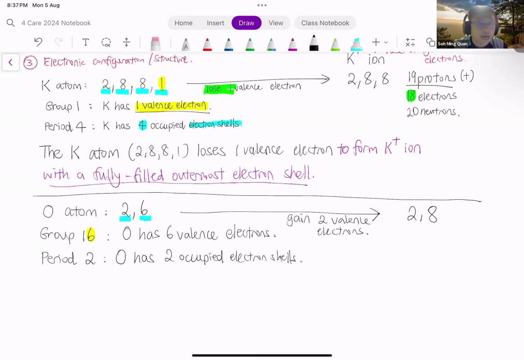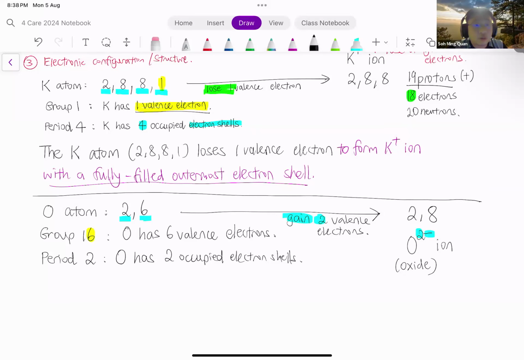But once you do that, you realize that you gained 2 electrons. Electrons are negatively charged, so this ion now has a 2 minus charge, because each electron is negative. 2 electrons, 2 minus. So this is called the oxide ion, which I'm sure you are familiar with by now.